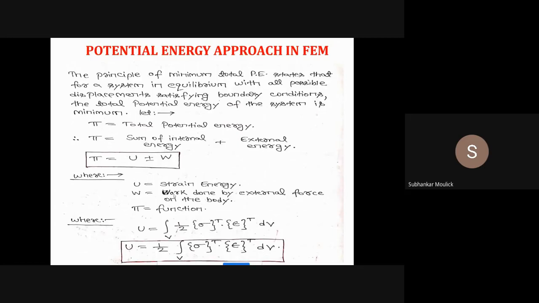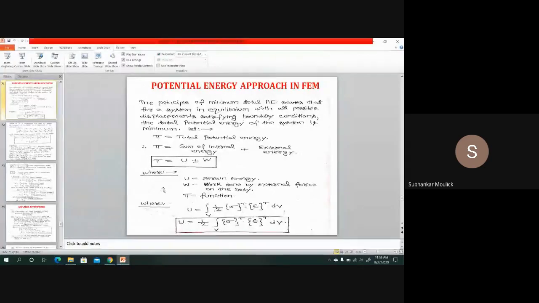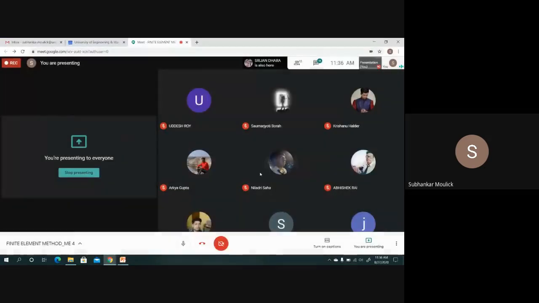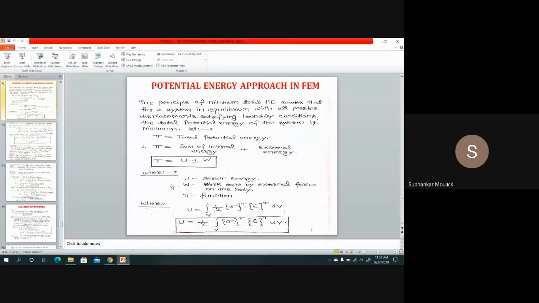I told you that in FEM there are two approaches to get the approximate solution of a problem. One is the weighted residual technique, and the other one is the variational approach.